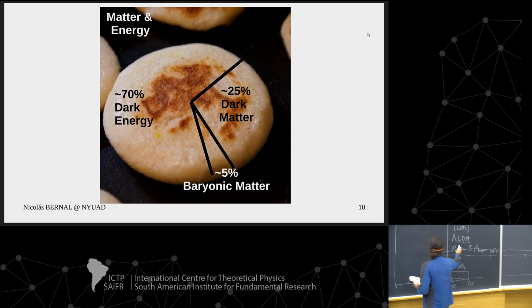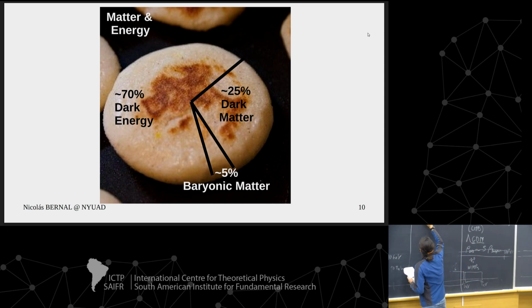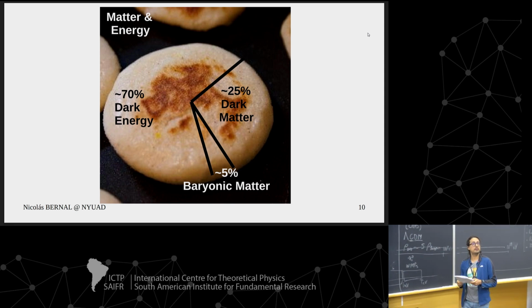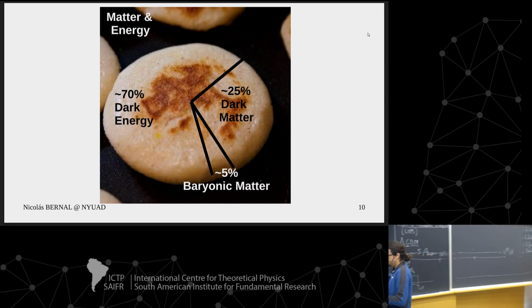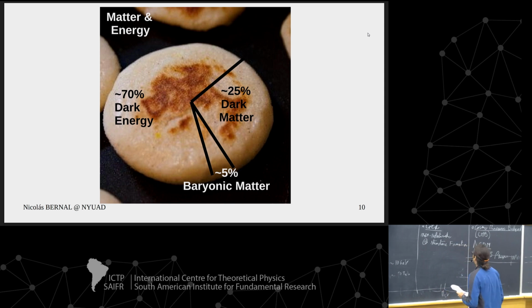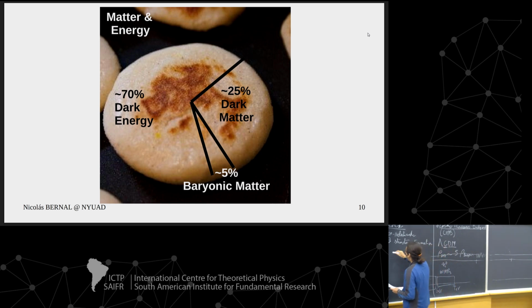Dark matter is cold. And what does cold mean? It has to be non-relativistic at the moment of structure formation. That means at matter-radiation equality.